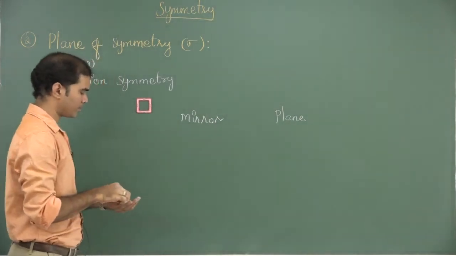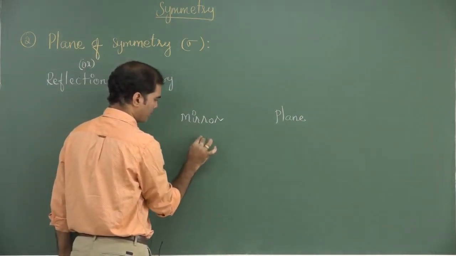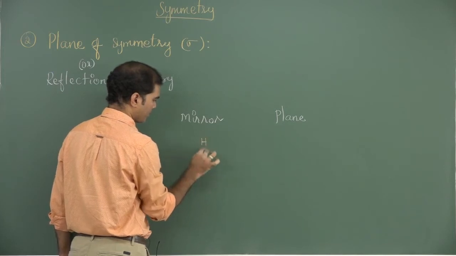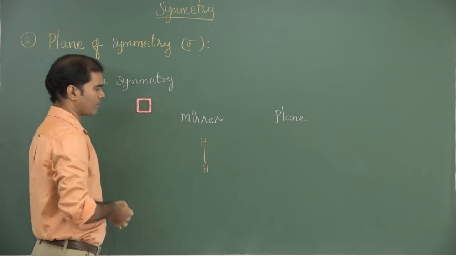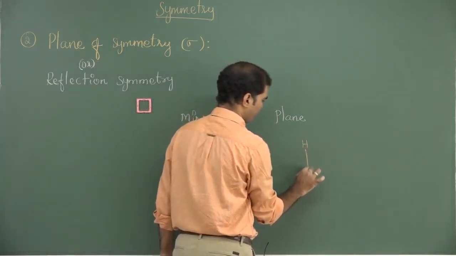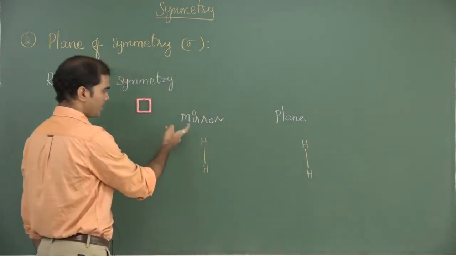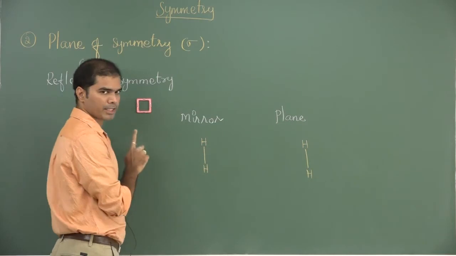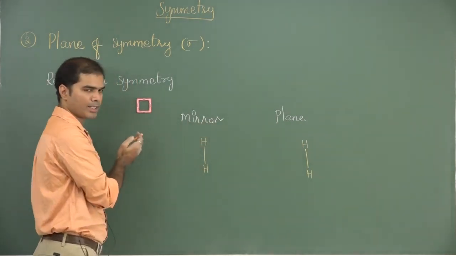Let's see. I am just taking a molecule. Suppose that it is hydrogen. A mirror is a real thing, and every mirror is kept outside the entity that we chose.